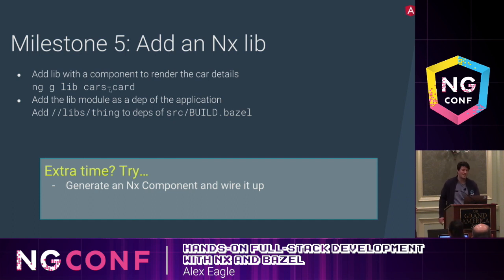You take the address of that Bazel module that is that lib, and you register it with the app Bazel build file. And at that point, you should be able, in the app, to import this Angular module and wire it up.